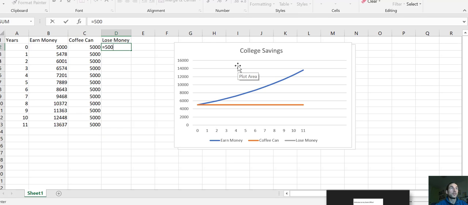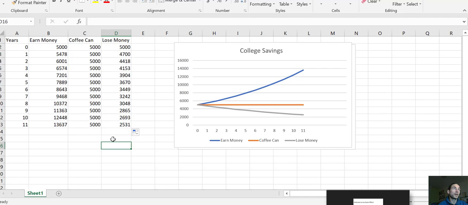So it could be 5,000 times, for example, let's say we lose 6% per year, right? On average, to the power of the years. And drag that down.